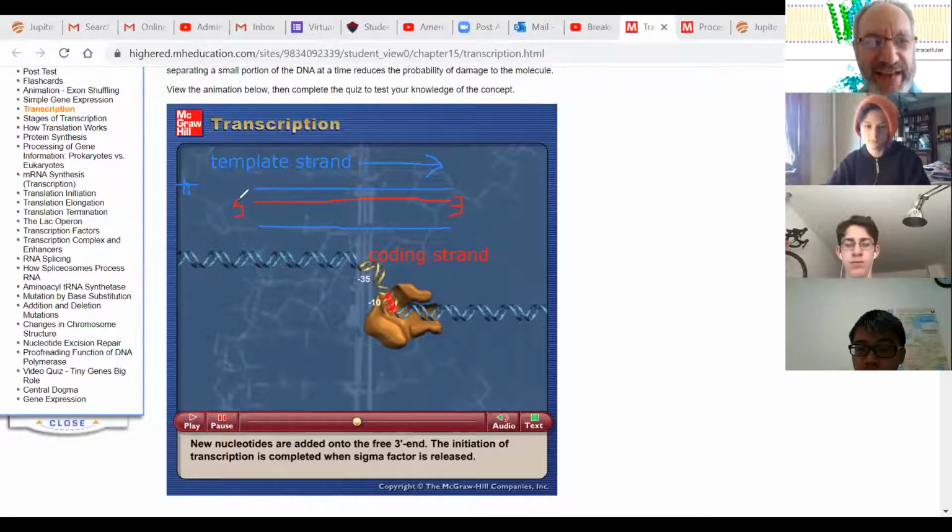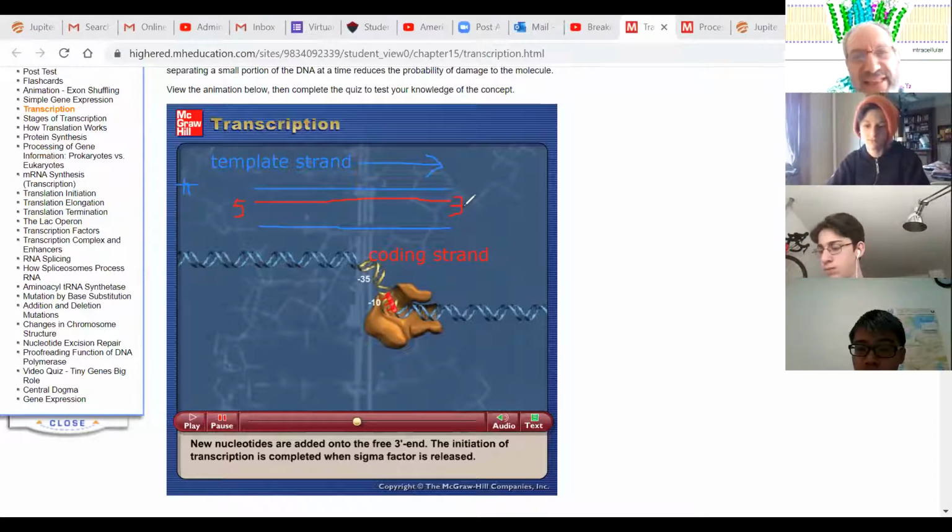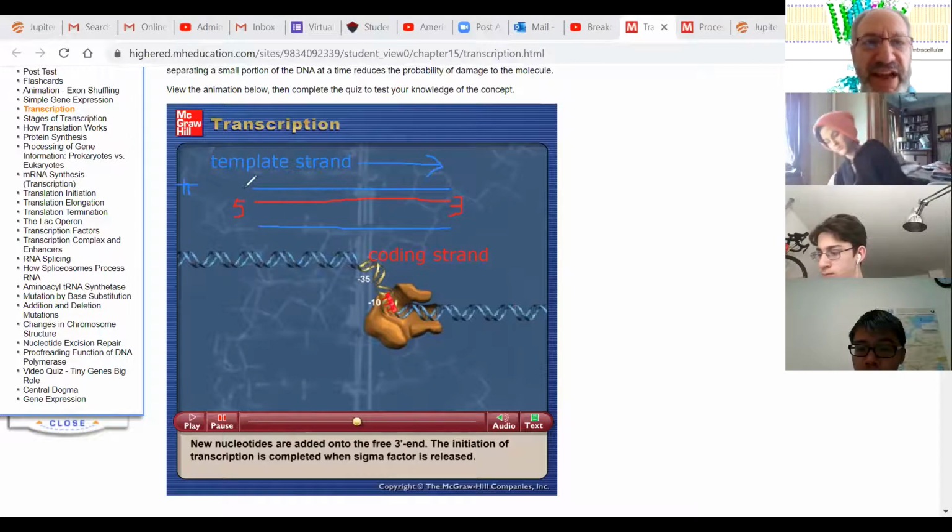And why is that? Well, what do we know? We always build nucleic acids on the 3 prime end. Remember, nucleic acids, whether it's DNA or RNA, are always built 5 prime to 3 prime. So if we're building this direction, we're building 5 prime to 3 prime. Therefore, what end on the template strand, what end is this?